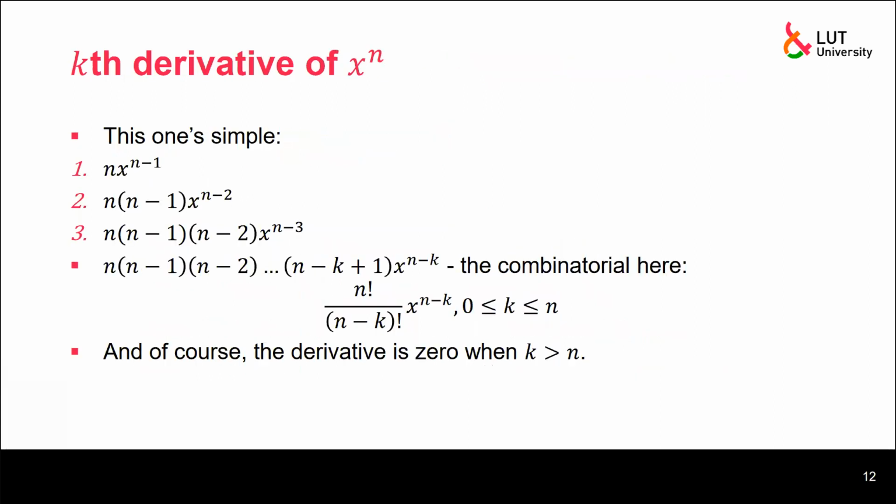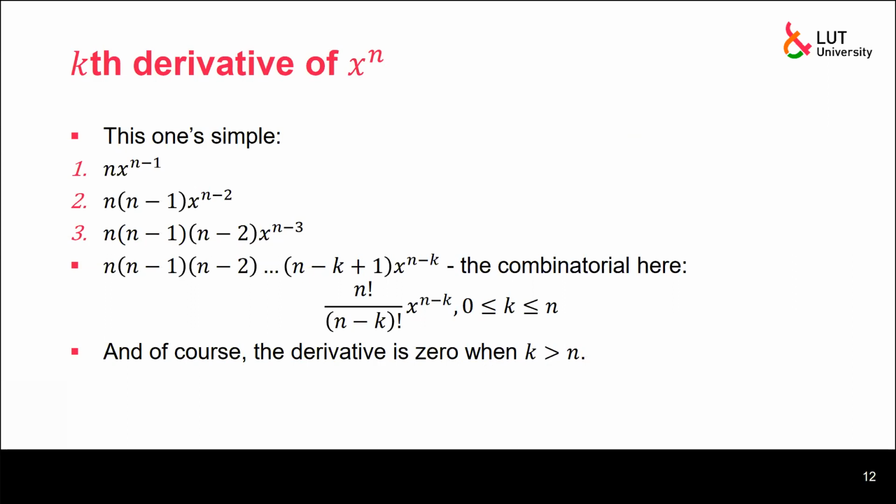Okay, so going on with the higher derivatives, starting with the power. We get the first derivative is just n times x to the power of n minus 1. Next derivative, multiply with n minus 1. n is a constant, so it doesn't affect here, and the power is n minus 2, and so on, and so on.